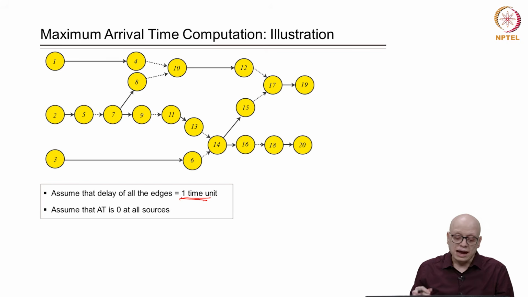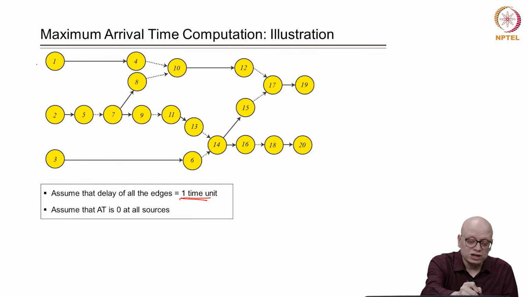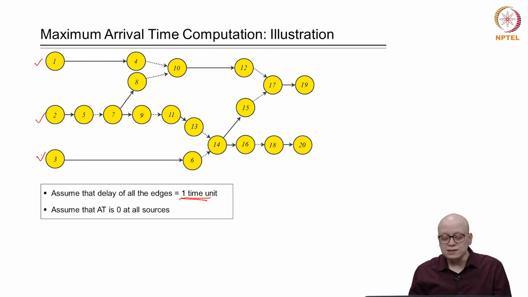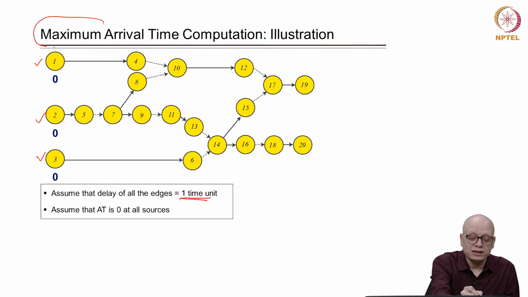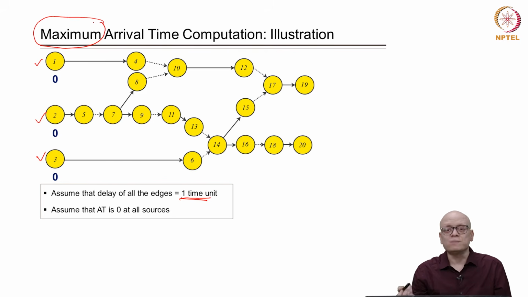And then we say that the arrival time at the source vertices, these are the source vertices, is given as 0. Now, with this information, how do we proceed computing the arrival time for all other vertices in our graph? We are looking only at the maximum arrival time, which will be useful in the setup analysis.